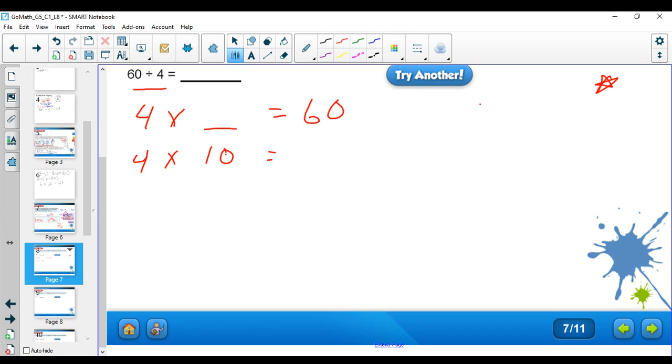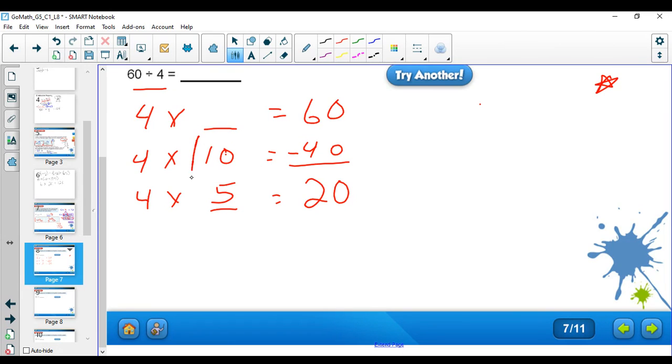And 4 times 10 equals 40. Now, if I subtract that 40 from the 60, then I am left with 20. And then I think to myself, well, 4 times what equals 20? And I know that 4 times 5 equals 20.